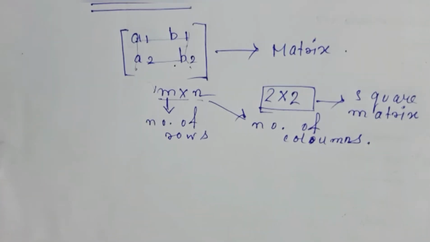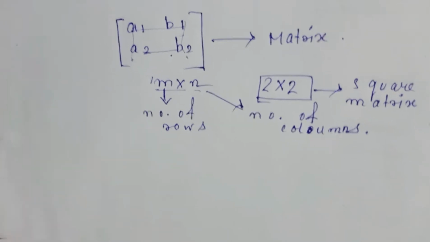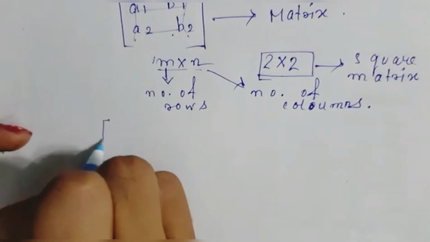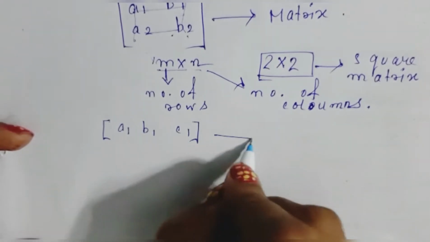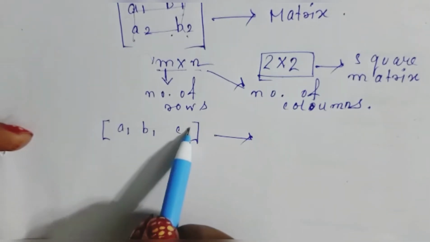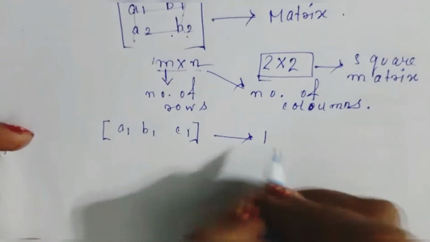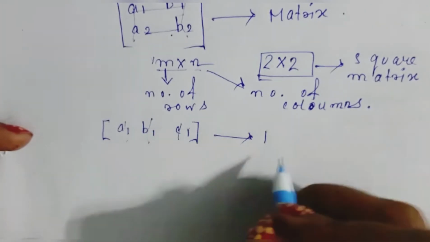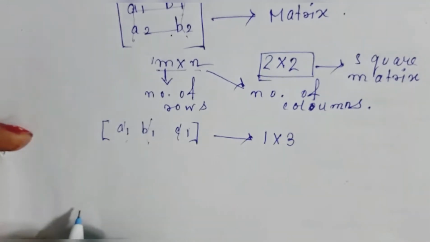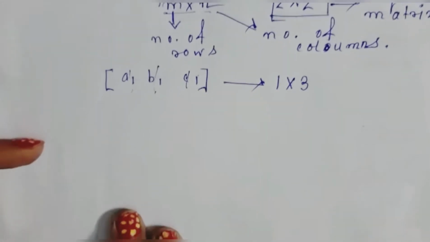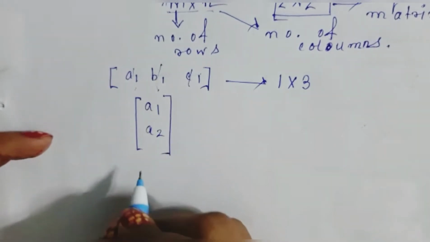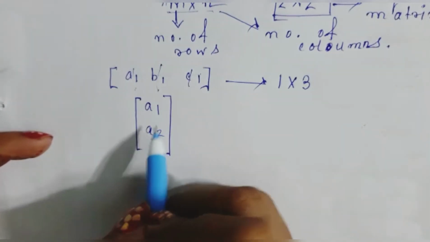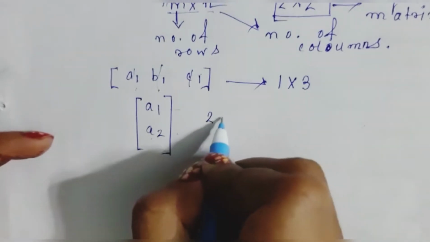Now, your matrix can be of another order. Like if your matrix is A1, B1 and C1, what is the order of the matrix? You see there is 1 row, so this is 1, and there are 3 columns, so this is cross 3. Similarly A1, A2: here you have 1 column and 2 rows, so 2 cross 1.